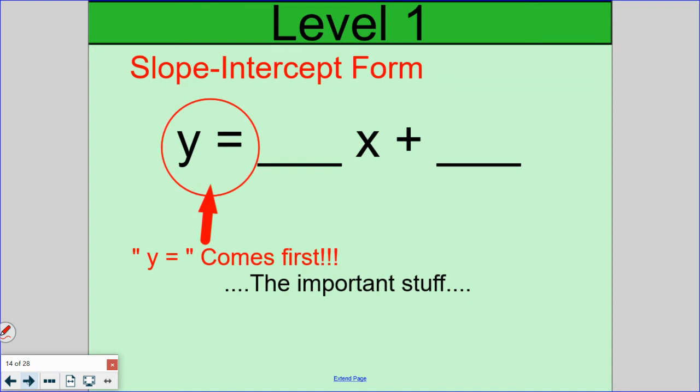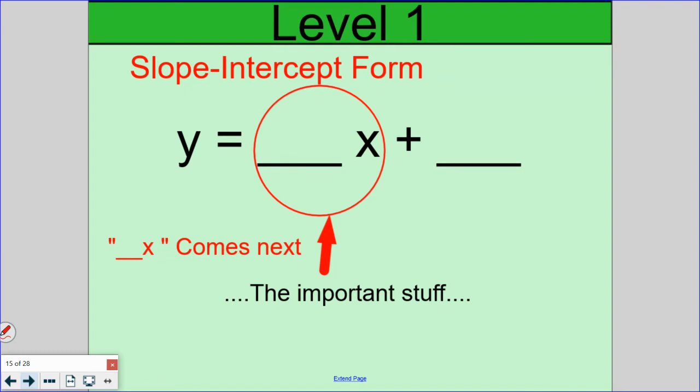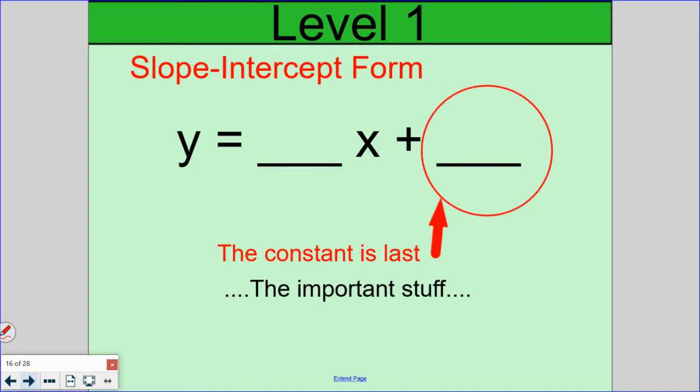How it's written matters. The next is we're going to have this blank and x. So we might have a number being multiplied by x in here. And sometimes those numbers can vary. It might be a fraction. It might be a 1, which sometimes we wouldn't write. Or it might be a 0. And then we'll talk about those in the future. All right, then we have the number at the end.